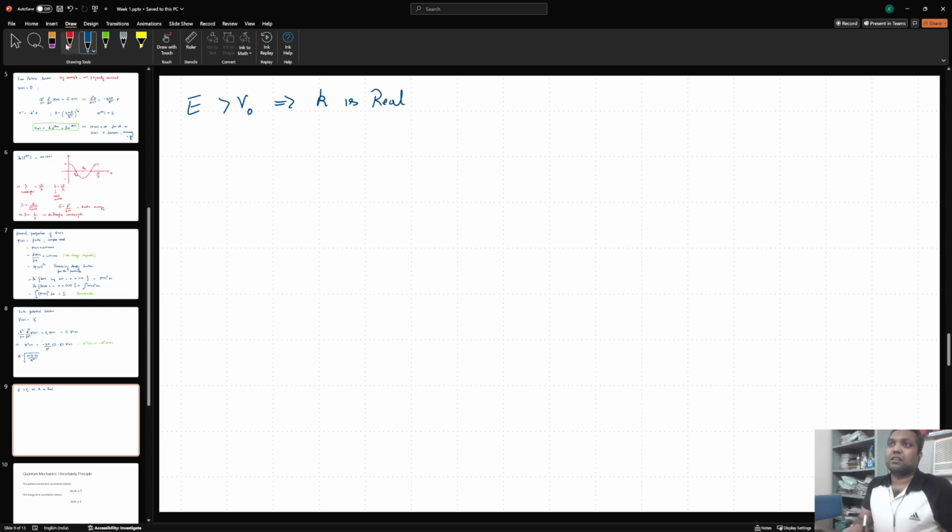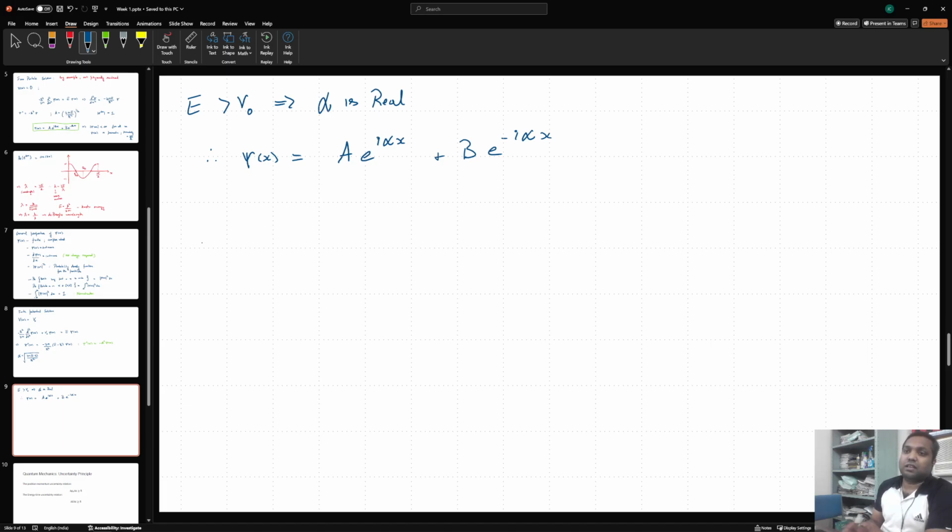So alpha is real, and therefore psi of x for this case is going to be A e to the power iota alpha x plus B e to the power minus iota alpha x.